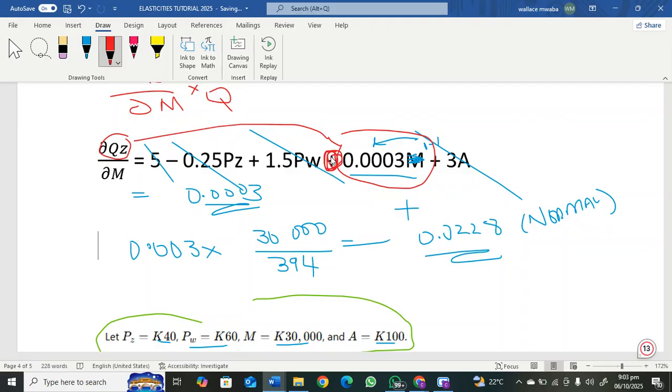This plus sign is telling us that if your income increases, you buy more of good Z. If your income drops, you buy less of good Z. Any questions, colleagues?